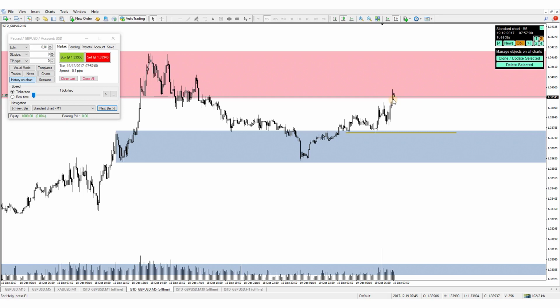So my idea is that a lot of traders could join the market exactly here. The price reached the supply, rejection wick, and yeah, we can join the market to take a sell for, I don't know, 18 pips or something like this. Yeah, maybe with less than 1 to 1.